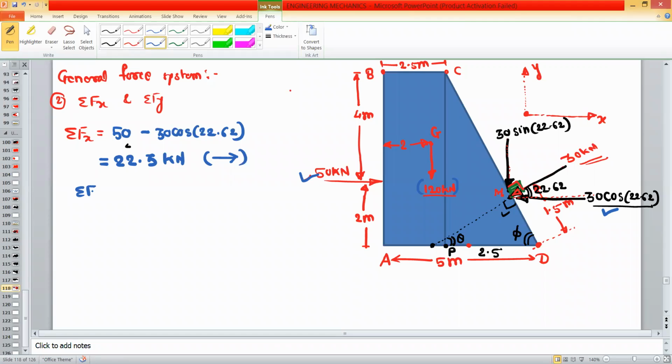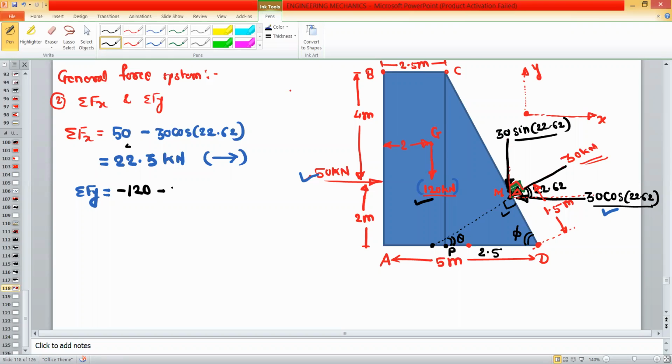Similarly, write down summation Fy. So for the summation Fy, consider the Y forces. So one is 120, but this 120, it is acting in the negative Y direction. So it is minus 120. Next force is 30 sine 22.62. Again, it is acting in the negative Y direction.